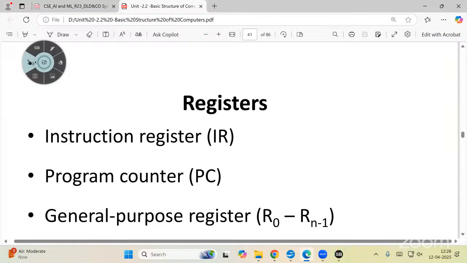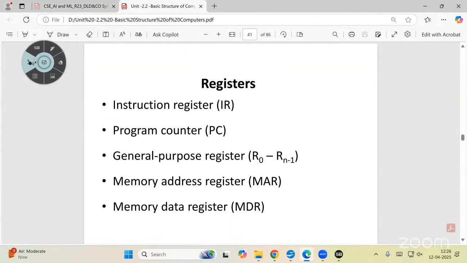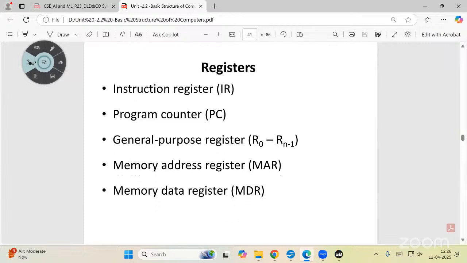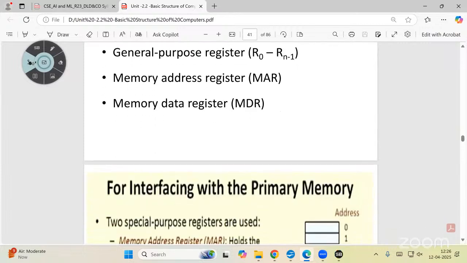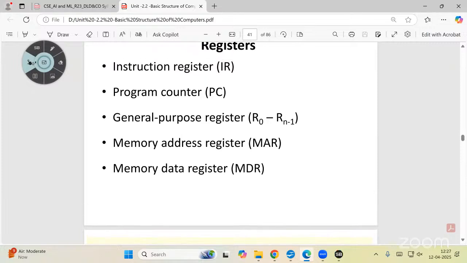Next, registers. Different types of registers: instruction register, program counter, general purpose registers, memory address register and memory data register.